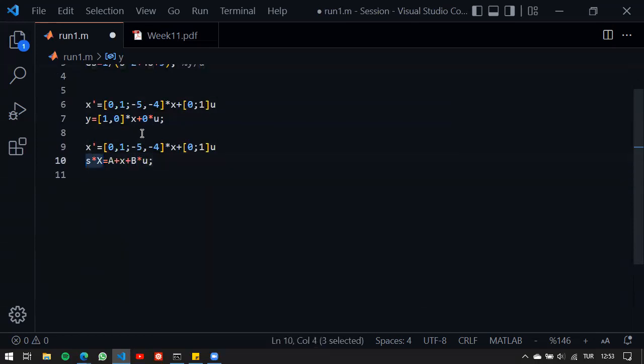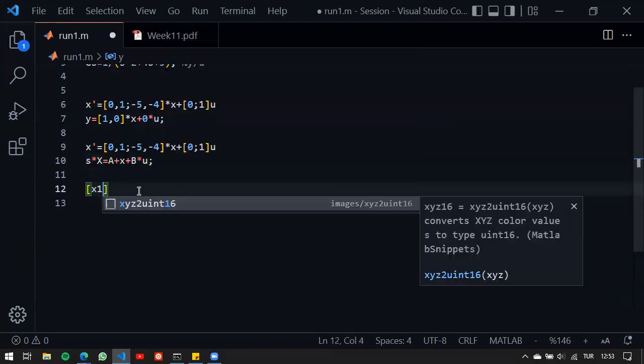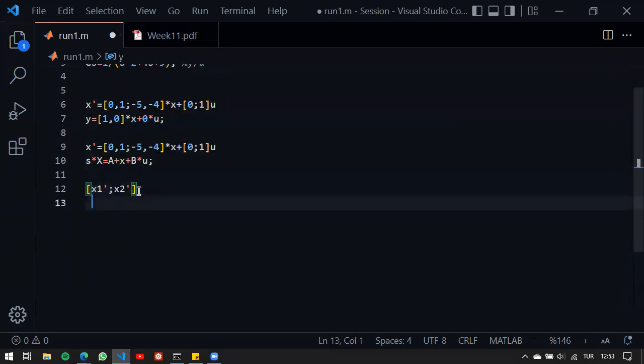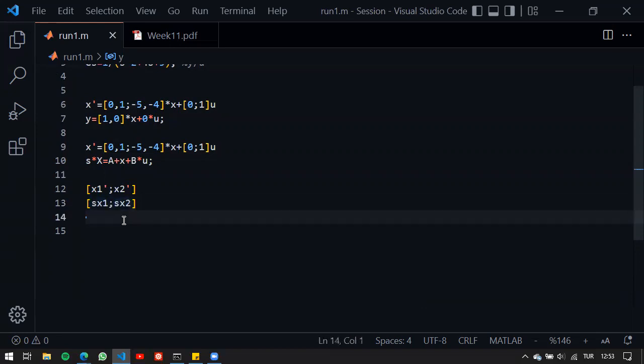I've just plugged in the x derivative, and instead of looking at x1 derivative and x2 derivative, I can just multiply them with s individually. But of course, this is not really the notation that I should use in this case, because I'm using matrices here, and this is basically a scalar version.